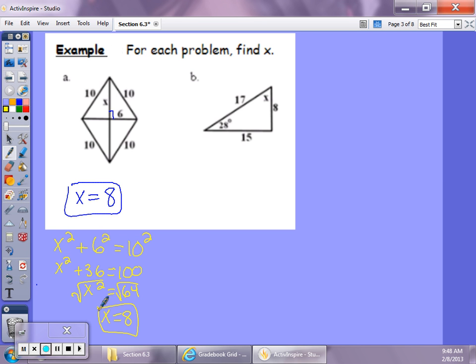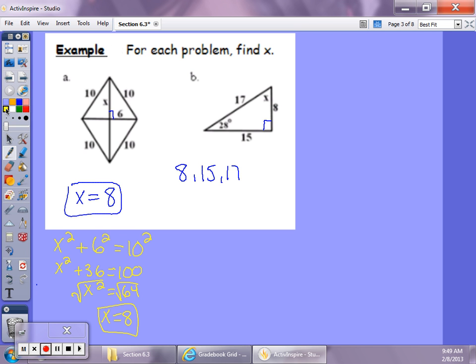for the triangle. So for example B, we are given three sides, we are given one angle of 28 degrees, and then they want us to find a second angle. The first thing we need to do is see what type of triangle this is. So again, from the previous slide, you can see that an 8, 15, 17 is a Pythagorean triple, therefore making this a right triangle.